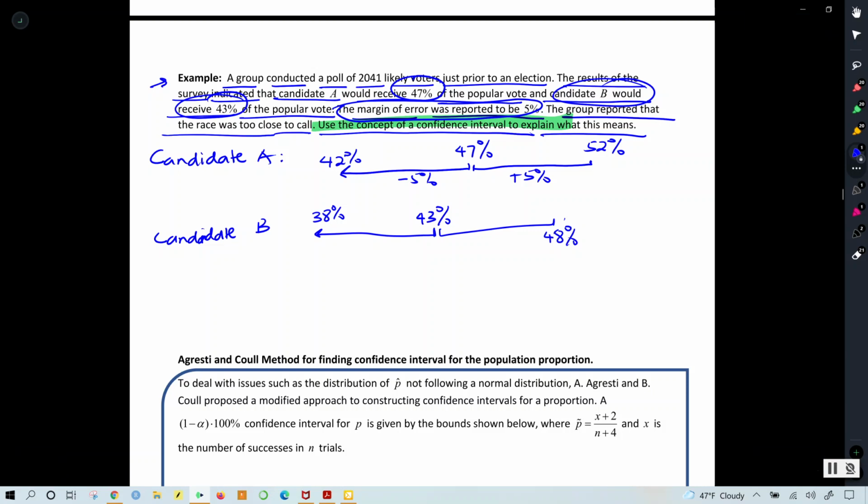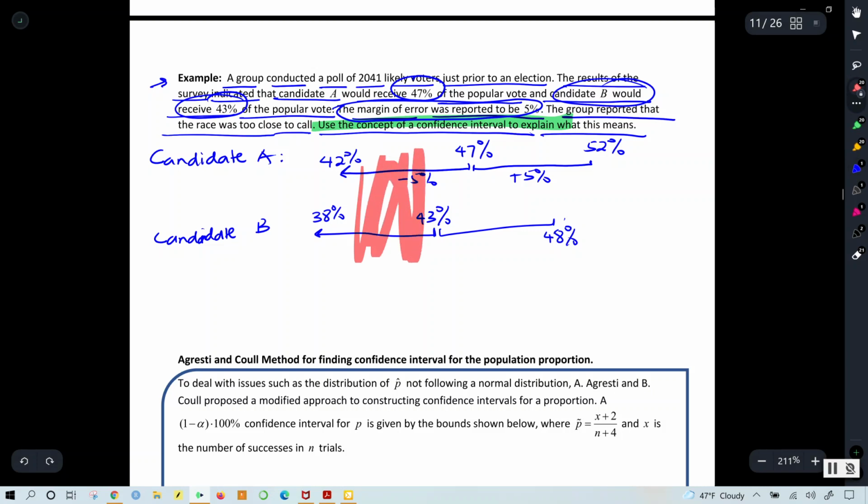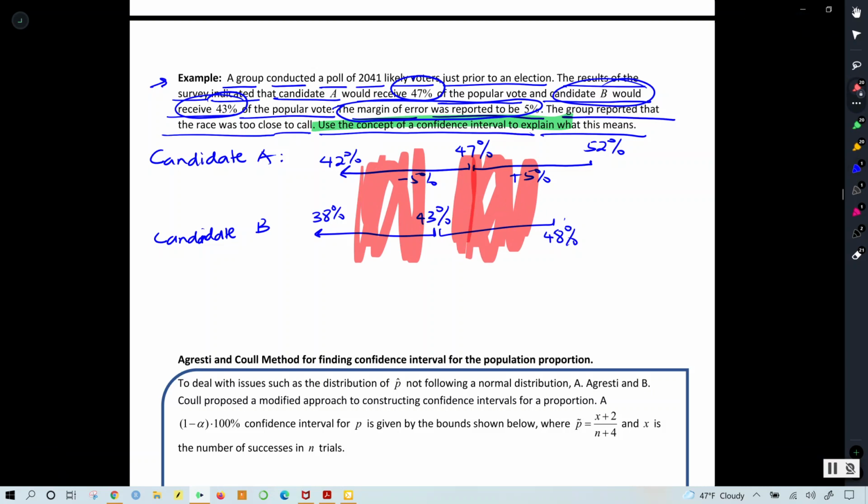So what you quickly observe is that there is an overlap between these two intervals. That means there's a possibility that they might get the same numbers. So for example, it is possible that they might both get 40%. If they both get 40%, then we know that this race is too close to call.